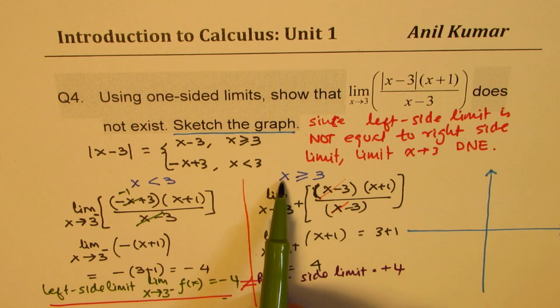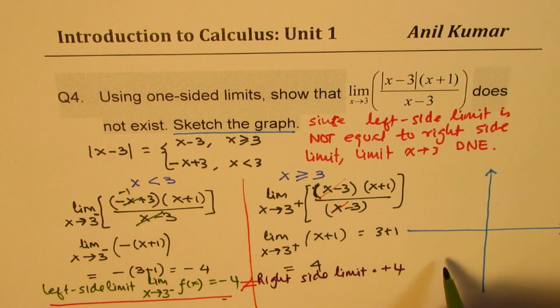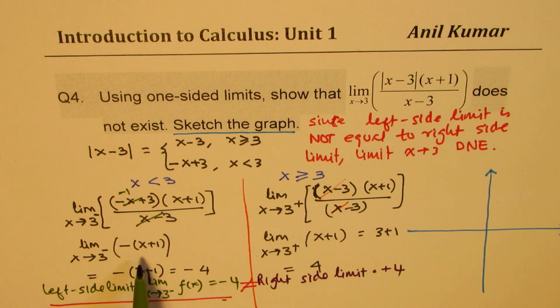So when x is less than 3, the function is simplified as minus x minus 1, or minus of x plus 1, correct?